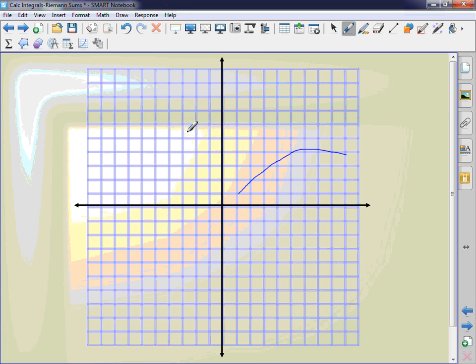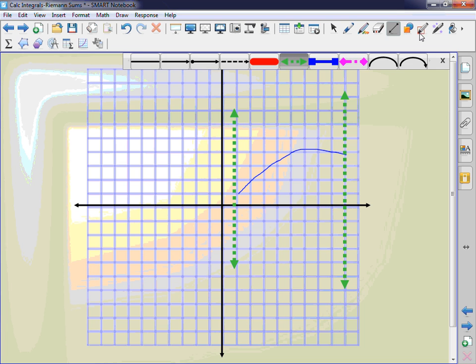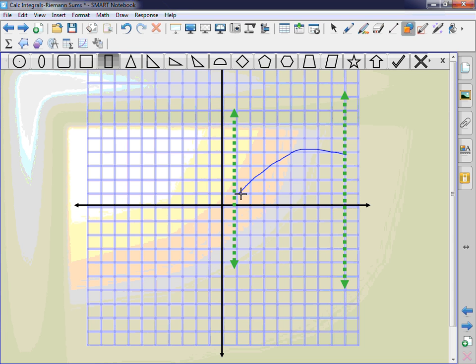For this one here, this is not a straight line, it's curved. If I wanted to find out what the area underneath this is, I'm looking for the area from here to here. What can I do? What did I do for the triangle? I counted the squares. Instead of counting the full squares, I'm going to make little rectangles.